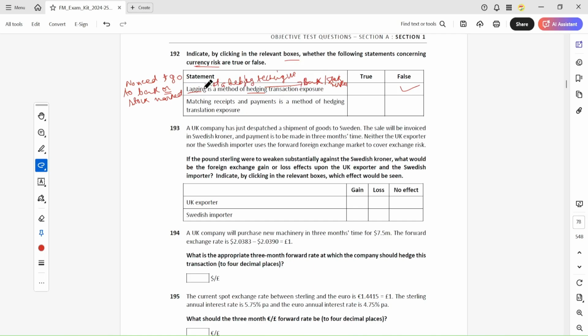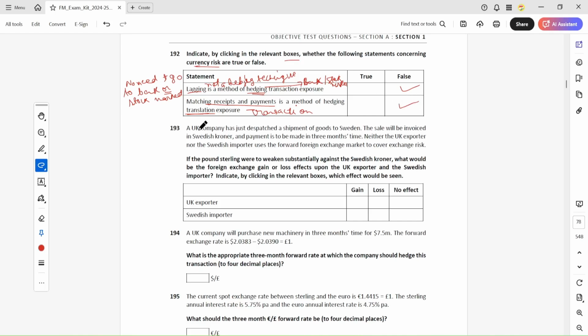So lagging is not a hedging method. Matching receipts and payments is a method of hedging translation risk? No, receipt and payment matching hedges transaction risk, not translation risk. Translation risk can be managed by diversifying our operations in different currencies.